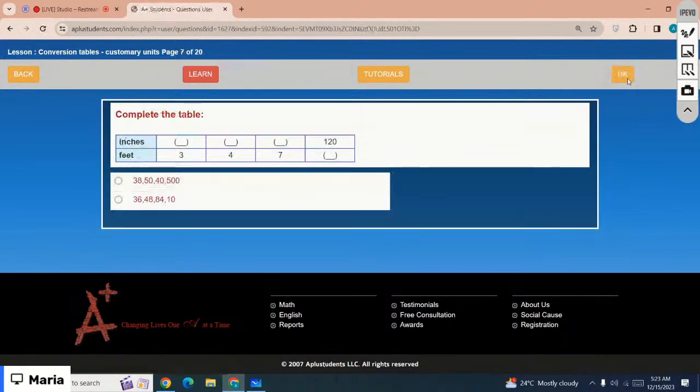Okay, complete the table. That is from inches to feet. So 1 foot equals 12 inches. So which is the correct option?